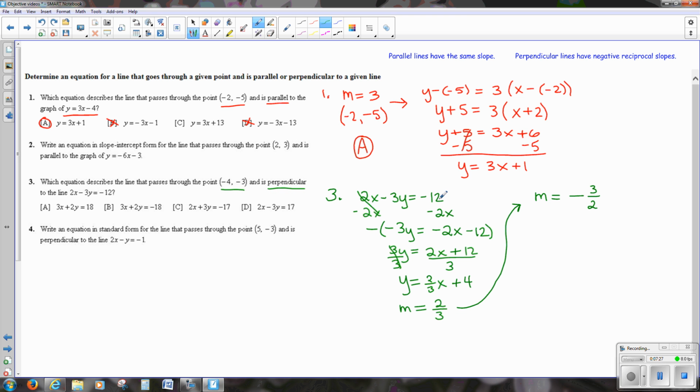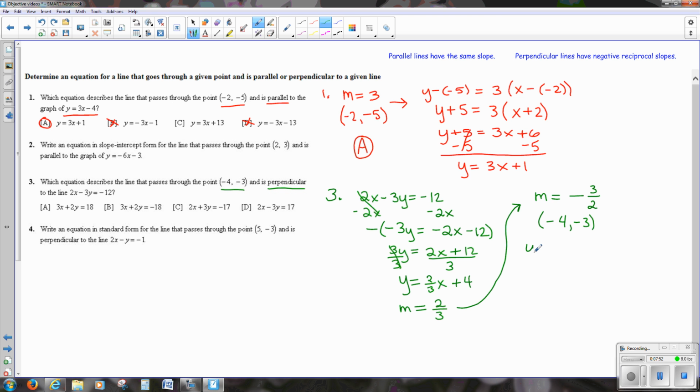Remember, we took that equation. We worked through all of this algebra to solve for y. We found out that it had a slope of 2/3. So we're going to take the negative reciprocal of that. We're going to use the point -4, -3.